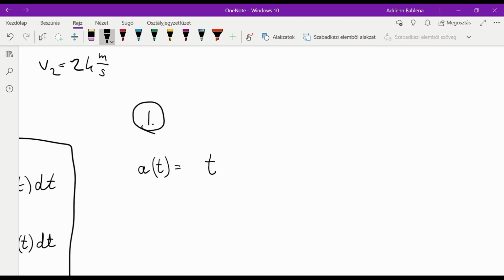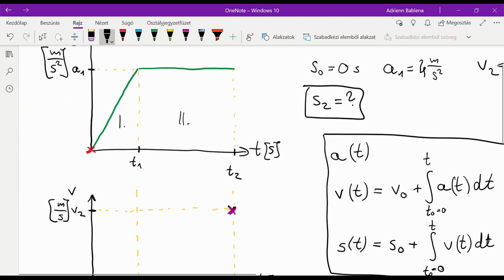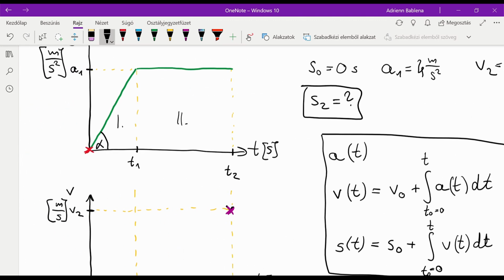So our depending value is t, and what do we have to multiply t by? We have to multiply by the tangent of this angle, and this is our first order equation.